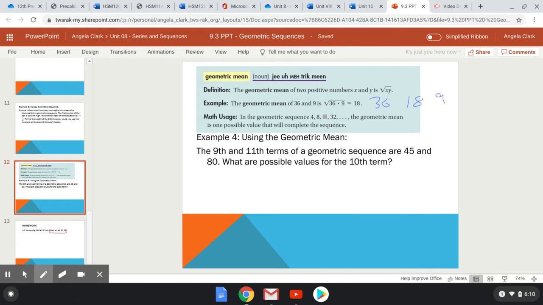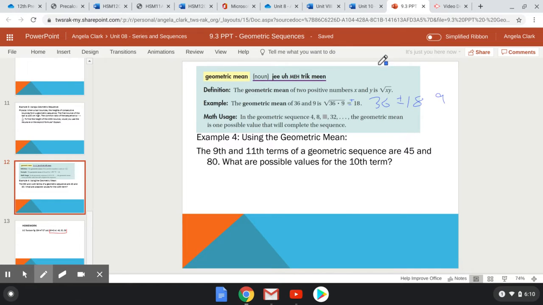But there's one problem here, because remember when we take the square root of something, we have this uncertainty that we add in. So there's actually a plus or minus there. This could be positive or negative 18, and either of those would actually work in terms of a sequence. So we don't know which one it is.